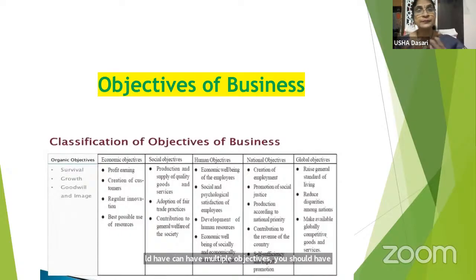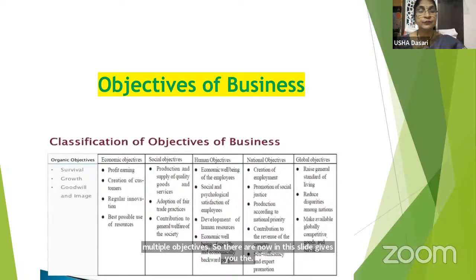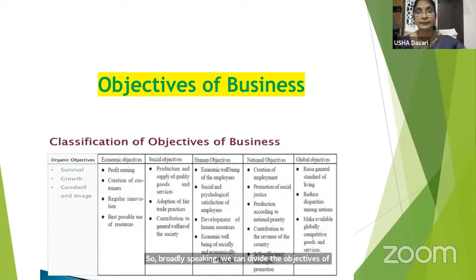This slide gives you the complete classification of the objectives of every business. Broadly speaking, we can divide the objectives of business into 6 categories. In that, the main categories are economic, social, and human objectives. What is the first, economic objective?